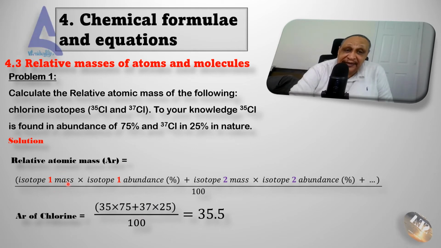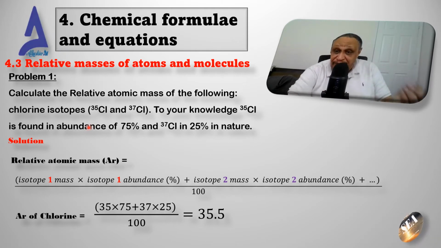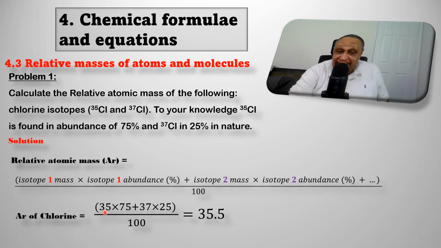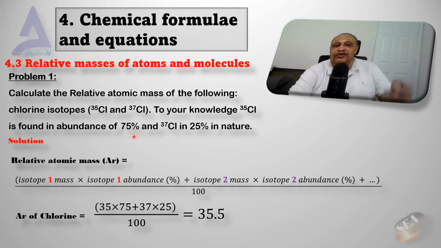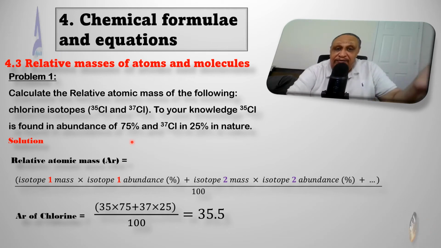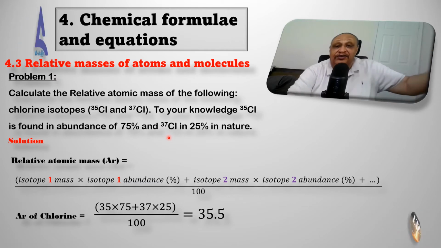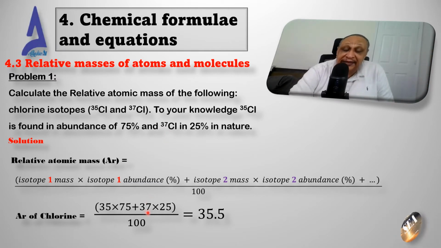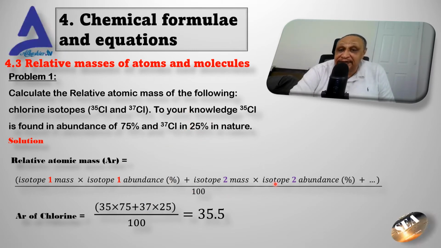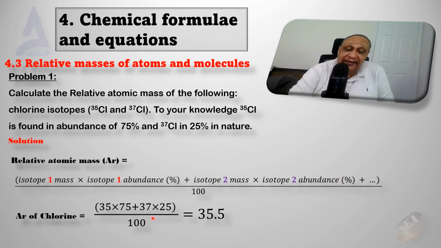So what we have is chlorine 35. The number 35 means the relative atomic weight, the mass of this isotope, multiplied by its abundance, which is the contribution of chlorine 35 in the chlorine community, which is 75, plus isotope 2 mass, which is 37, because 37 is actually the number of protons plus neutrons, multiplied by its abundance, which is 25, and the amount should be divided by 100.